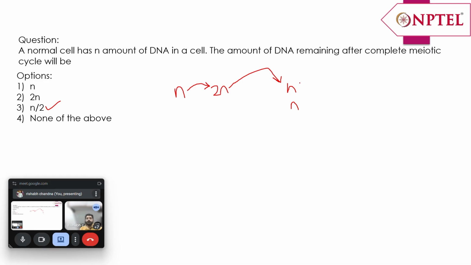Then there would be a second meiotic cycle that would divide these two cells also into other two cells. So other four cells rather. From one cell, two cells will be formed, and from this cell also two cells will be formed. So this would be n by 2, n by 2.